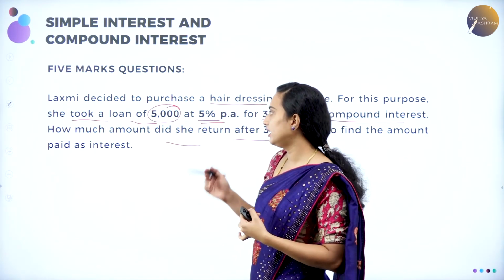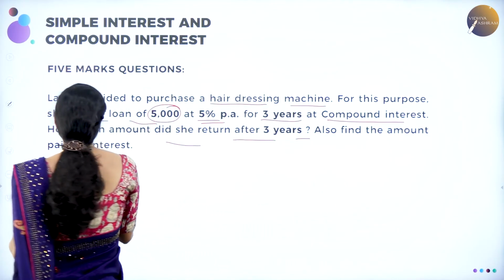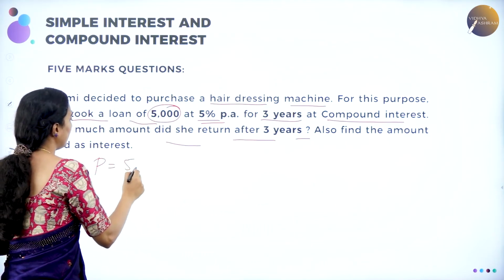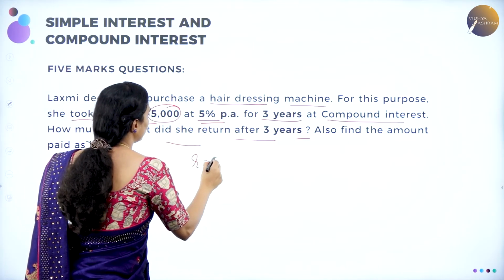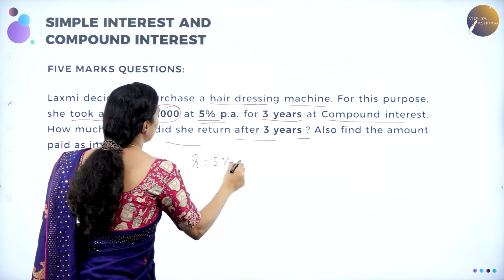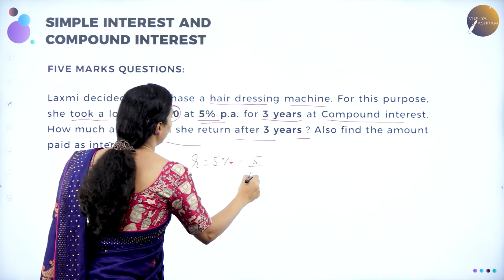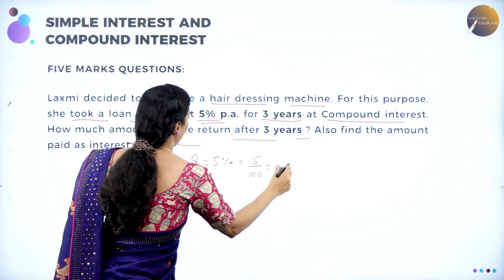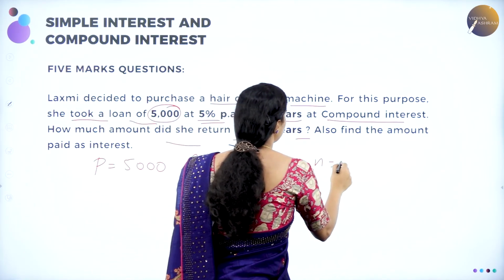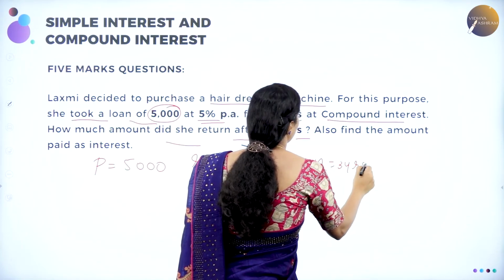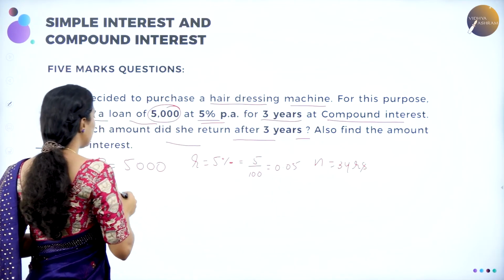First let me calculate this by using the formula given. P is equal to 5,000 and R is equal to 5%, which is nothing but 5 by 100, which is 0.05. And N is equal to 3 years, right? So let me calculate by using the formula.